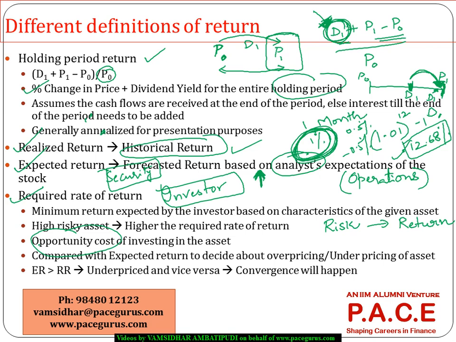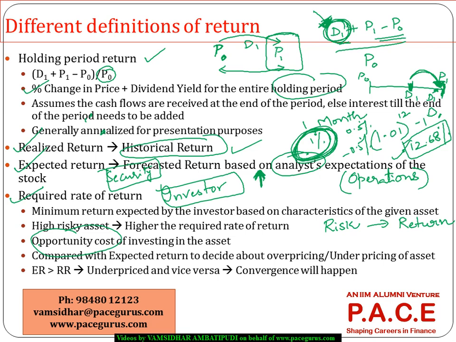So the minimum return that I have to expect out of this security is what defines the required rate of return. Generally, for making investment decisions, people compare the required rate of return with the expected return.